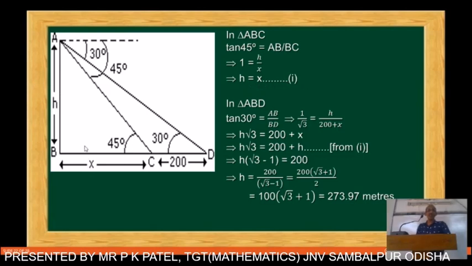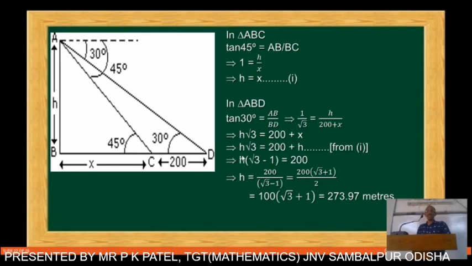Here H is equal to x, both are equal. In triangle ABD again, tan 30 equal to AB by BD, and the value of tan 30 is 1 by root 3, that equals H by 200 plus x. By cross multiplication, you will get H root 3 equal to 200 plus x.